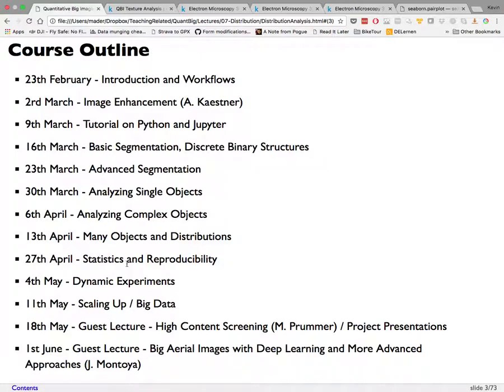Because ultimately, all of these tools we're developing are meant for making scientific studies, and you want to be able to show that what you've done with your data is meaningful, and whether or not there are potentially differences in your groups and what sort of tools are available for that. Then we'll get on to dynamic experiments and the more interesting advanced lectures.